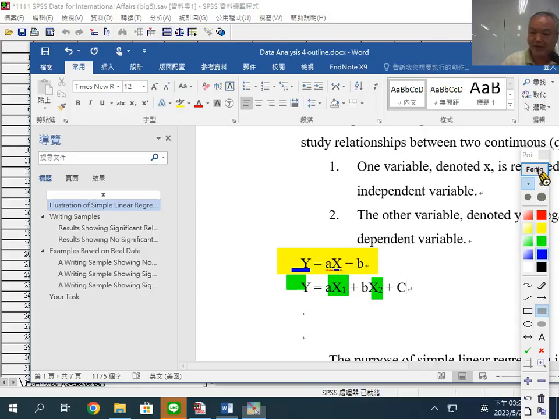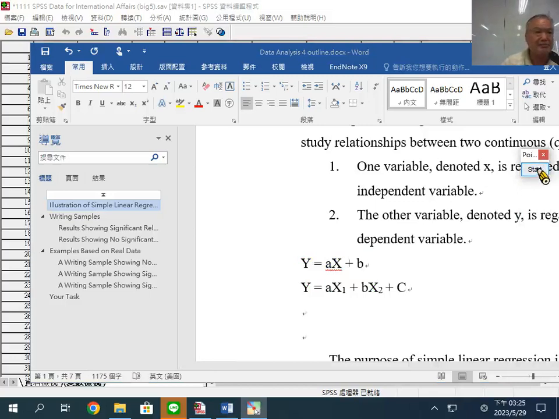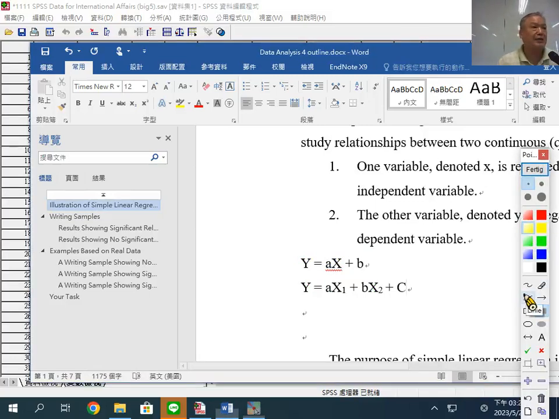And you will be amazed to find out this formula, although it is very simple, but after you conduct a simple linear regression analysis, you will be able to identify a lot of information from this. One, the value of a will tell you. Number two, the value of b, you will know. And number three, it is not included here, but it indicates the statistical power of a and the statistical power of b.